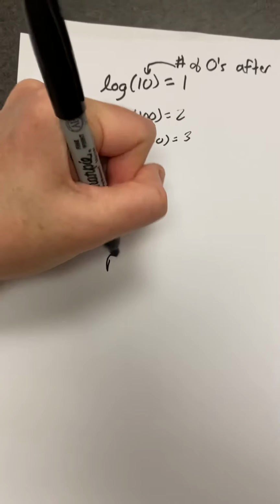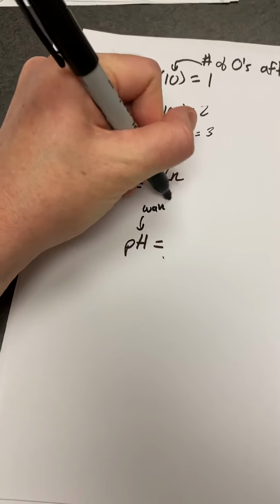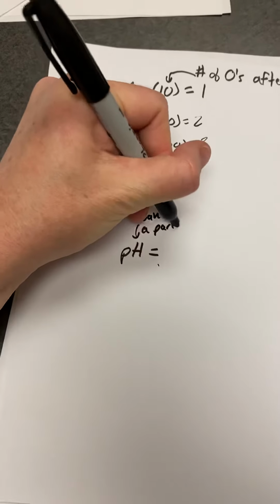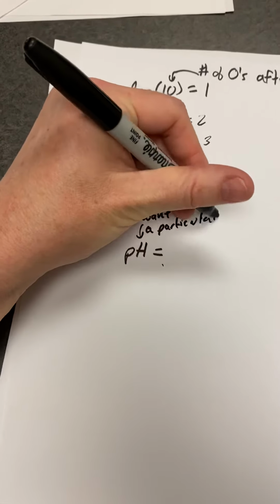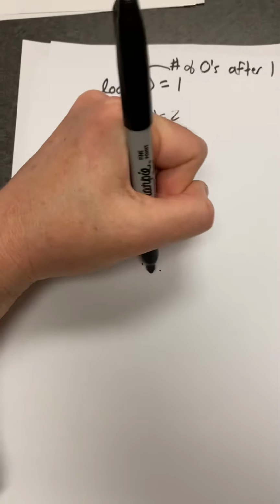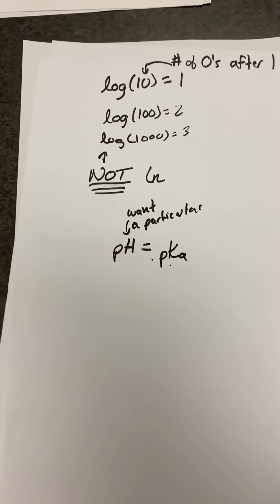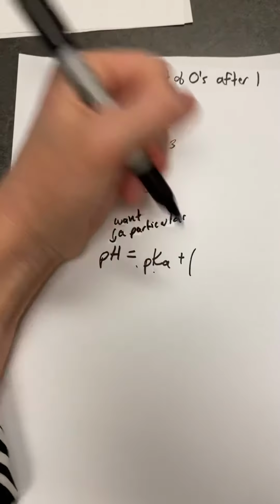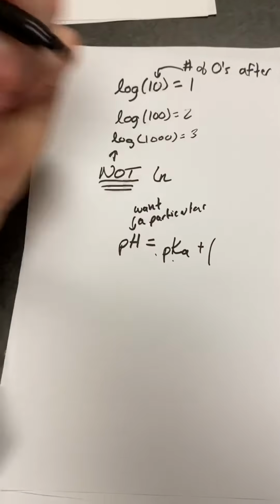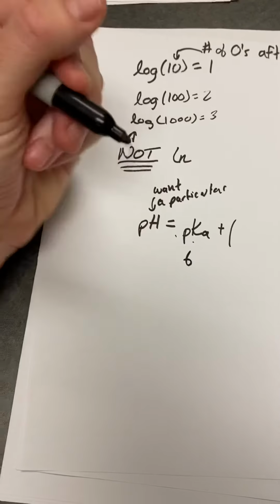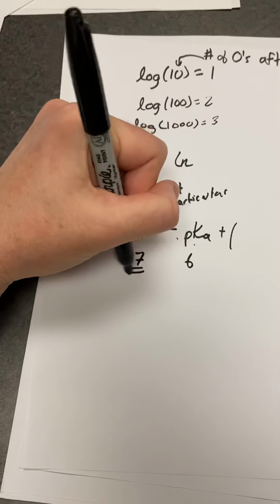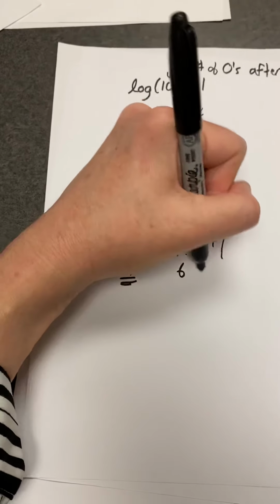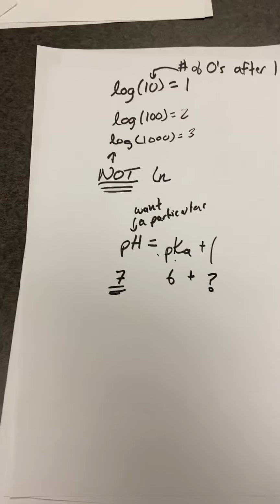So why is this important? Well, let's say you've got a pH that you want to buffer to, so you want a certain pH, and you know the pKa of the acid. Well, you just pay attention to the logs. So for example, let's say I want a pH of 7, but I have a pKa of 6. What proportion of base to acid do I need?